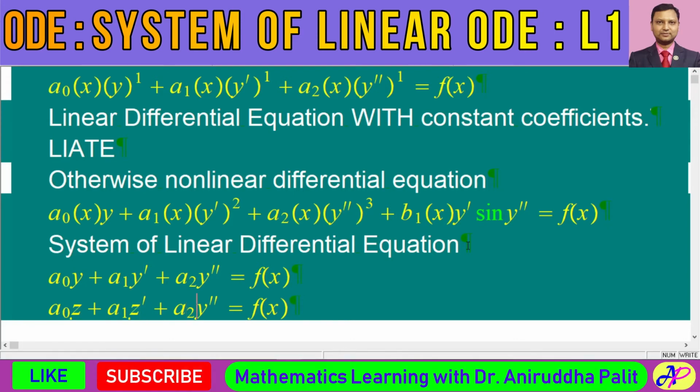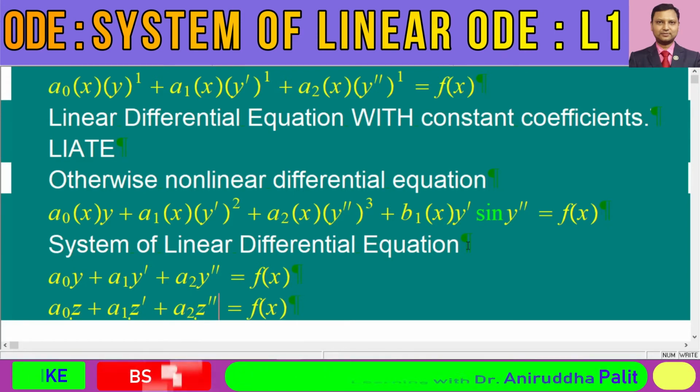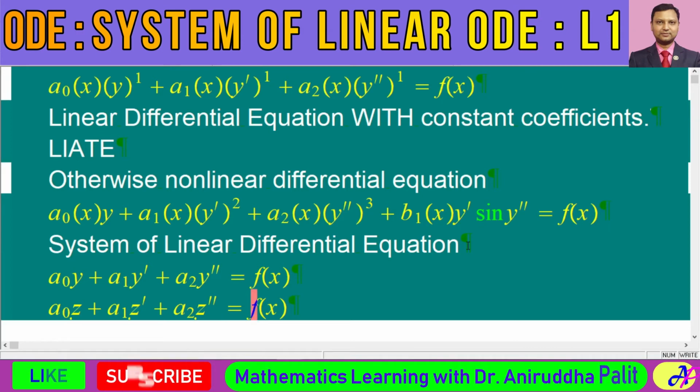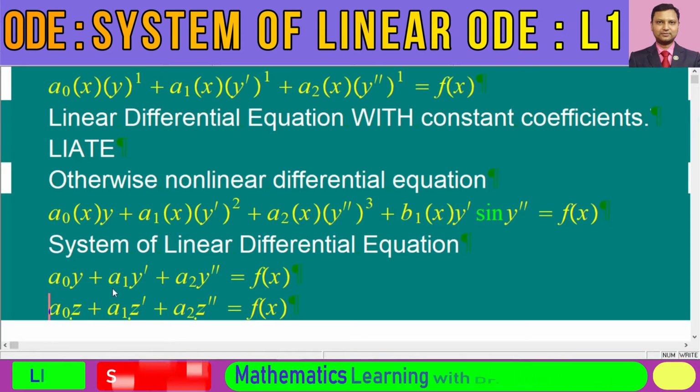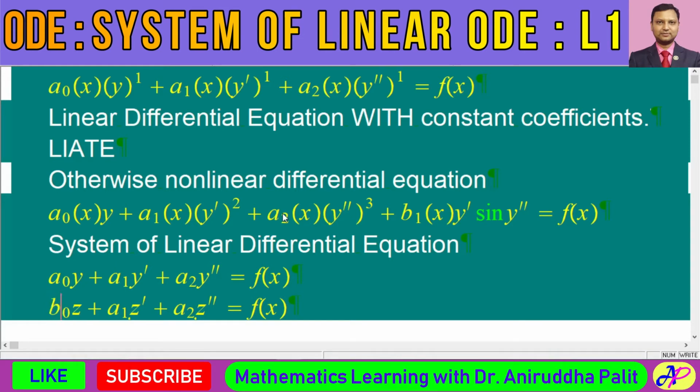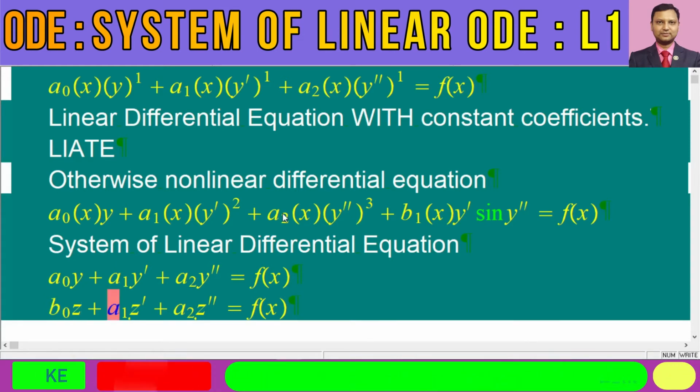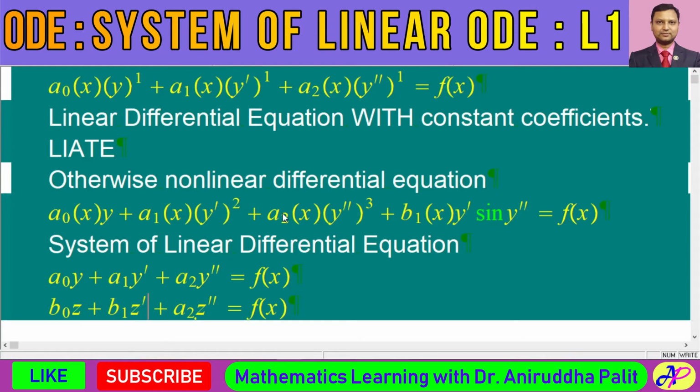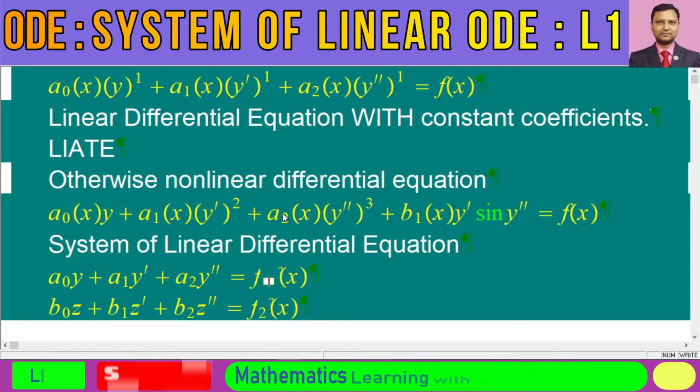That may be another function. Over here, in place of a0, let us write b0, then this coefficient b1, then this coefficient b2, and maybe this is our f2, and maybe this is our f1.